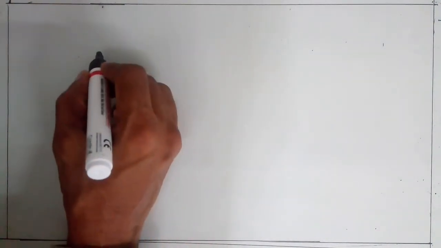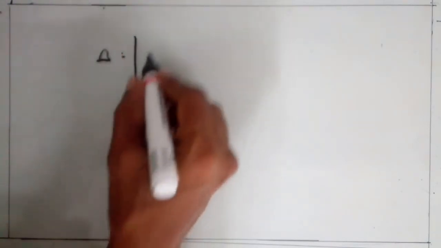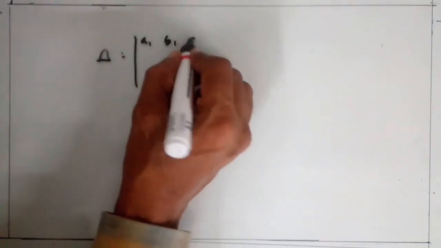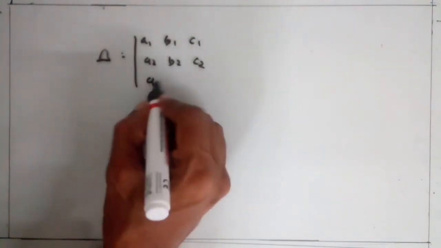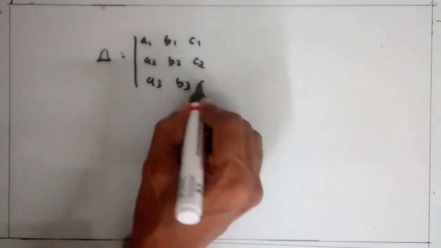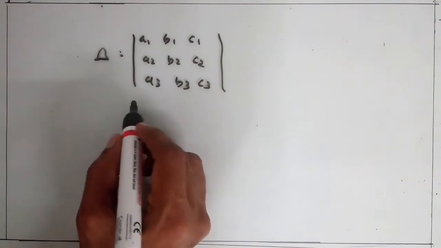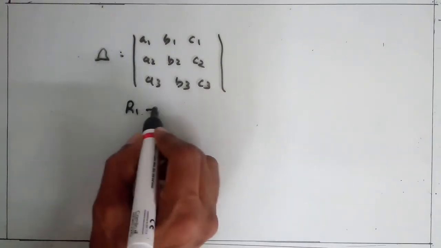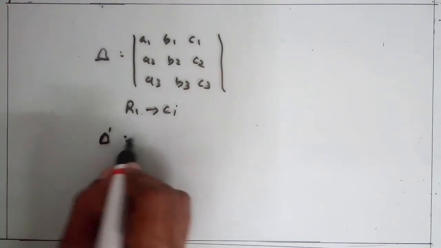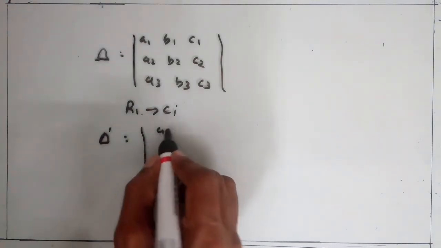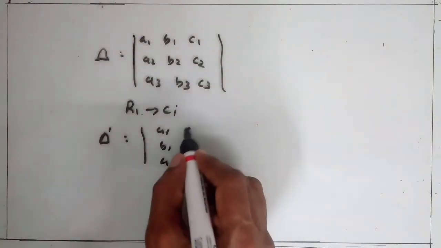Remember this. If we have a determinant with rows A1, B1, C1, A2, B2, C2, A3, B3, C3, and we interchange each row into the corresponding column, that is Ri to Ci, then the new determinant D dash has first row A1, A2, A3, and so on. The first row becomes the first column.